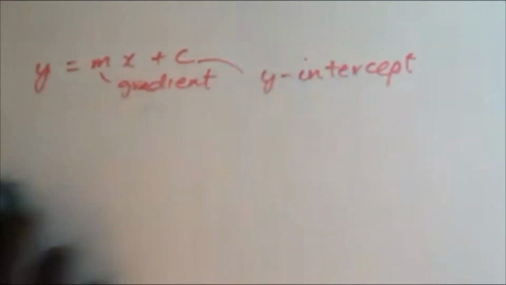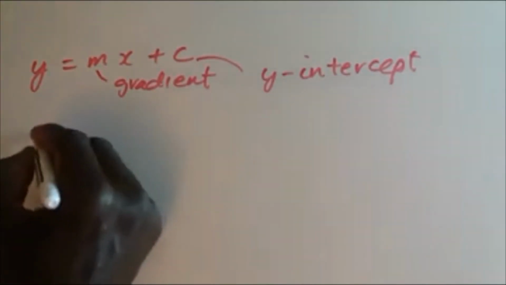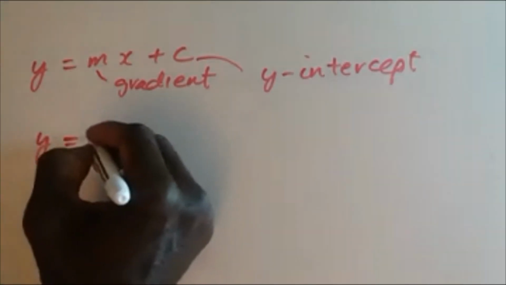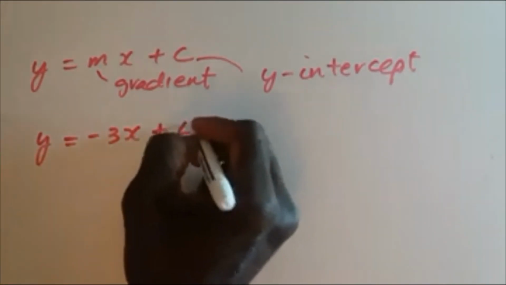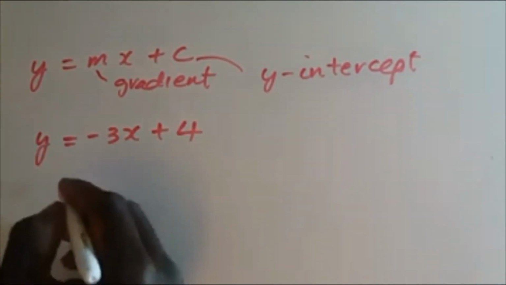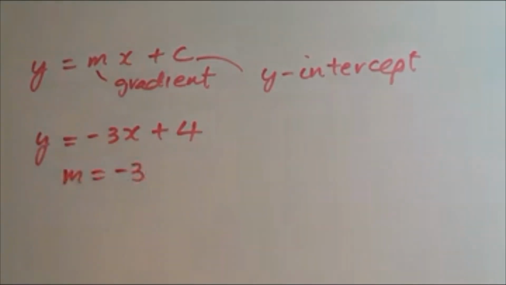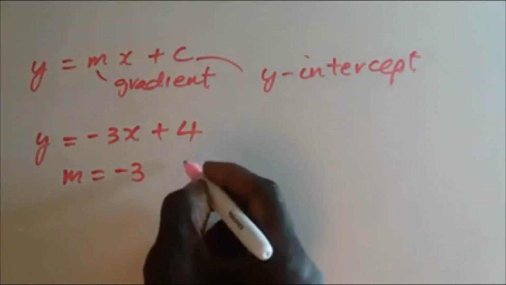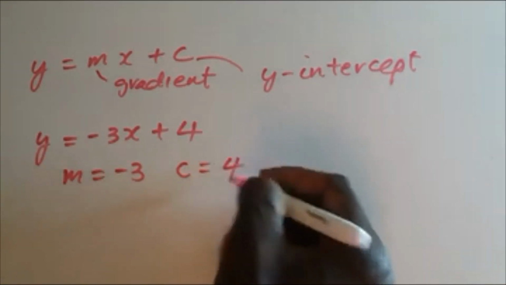Let's look at a few other examples. We have y is equal to -3x add 4. The coefficient of x, which is our gradient, m, is equal to -3. And our c, our y-intercept, is equal to 4.